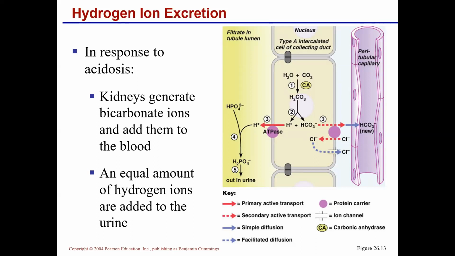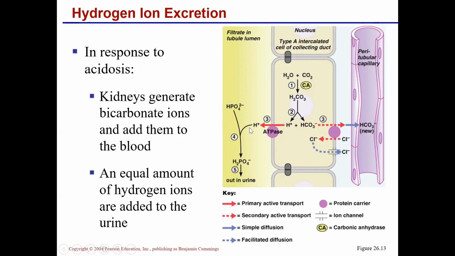monohydrogen phosphate. Again, if you look at this cuboidal cell, filtrate, and blood capillaries, water and CO2 bind to form carbonic acid, which partially dissociates to form hydrogen and bicarbonate ions. The hydrogen again can be transported into the filtrate.